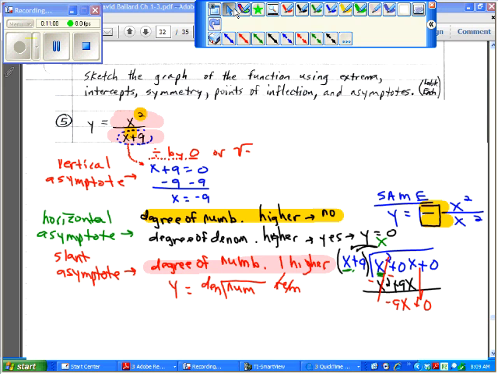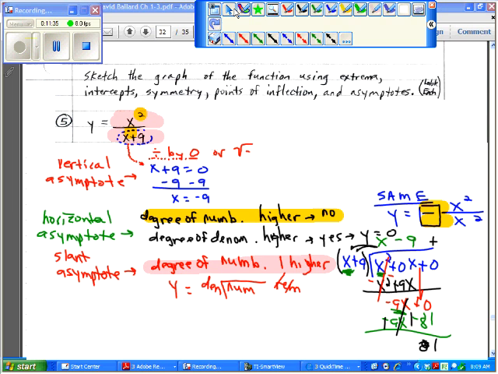Now remember, we only look at first piece with first piece. So we say, how many times will the first piece x go in the first piece negative 9x, and it will go negative 9 times. And then we multiply and get negative 9x minus 81. We subtract in the way of changing the sign, which makes those cancel, and we have a remainder of 81.